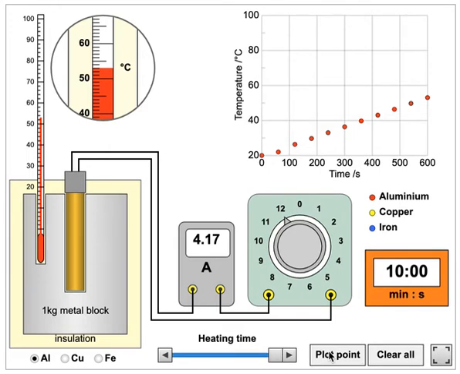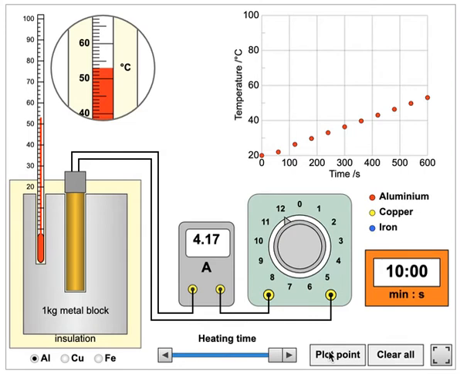So what we'd need to do is look at the change in temperature over that time. The change in temperature would be the total change in temperature, and then our energy would be our current times our potential difference times the time.